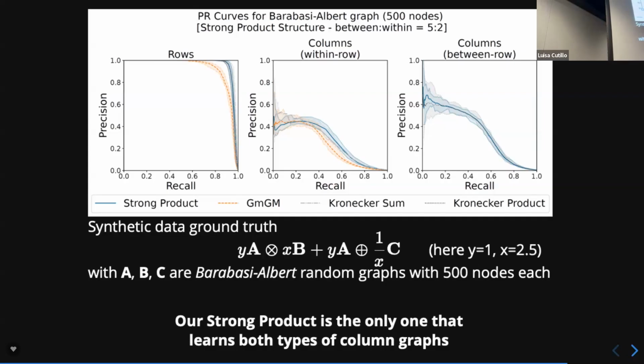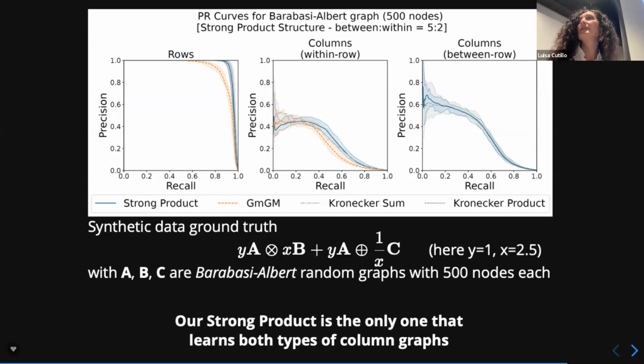So in practice, we have in one run a graph for free because it comes with the estimation, and we have a good recovery. That's the main point: the strong product is the only one that learns both types of column graphs.